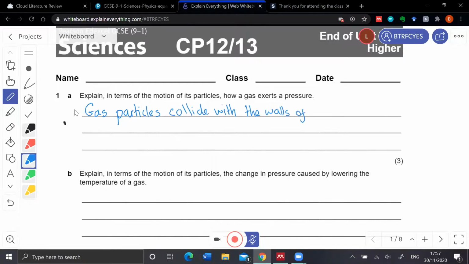When they do, they push, so they exert a force on the container. This is a pressure.